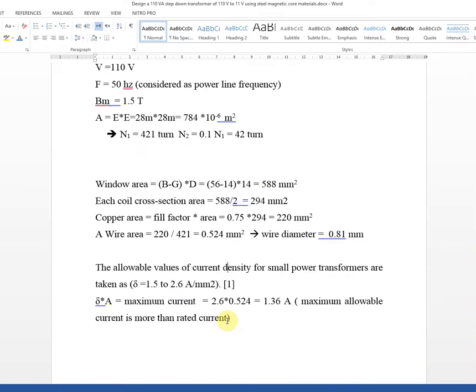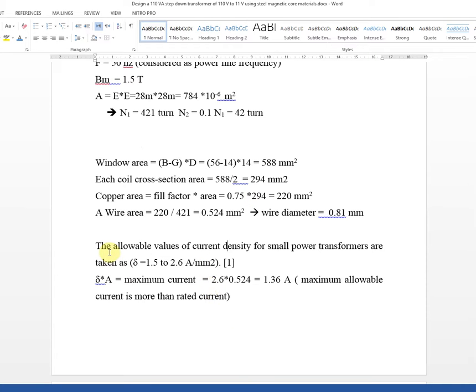So let's check the current density in our transformer. The allowable value of current density for small power transformers is taken as 1.5 to 2.6 amperes per square millimeter.